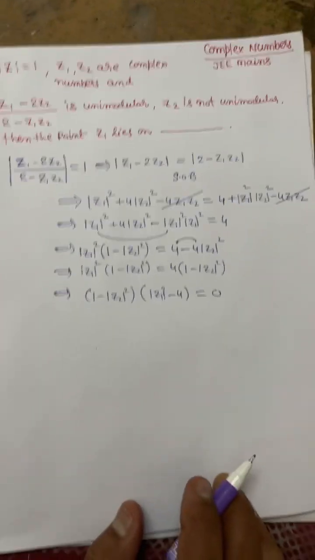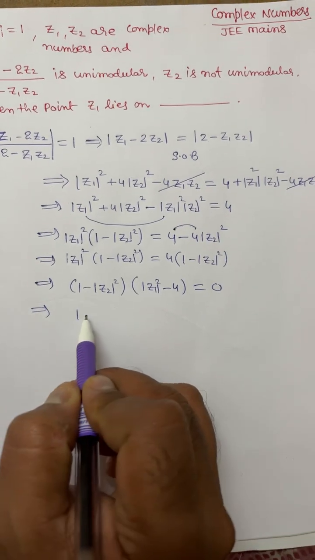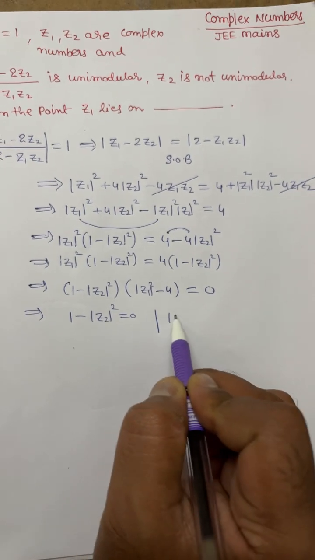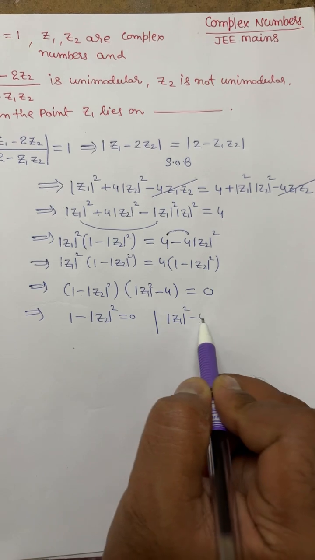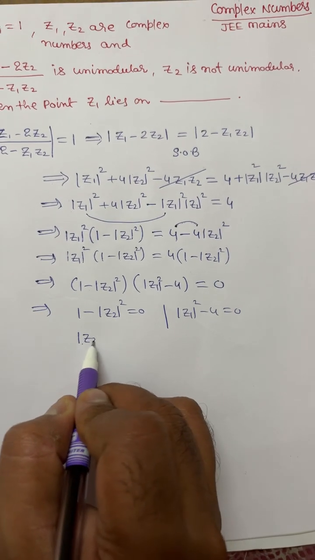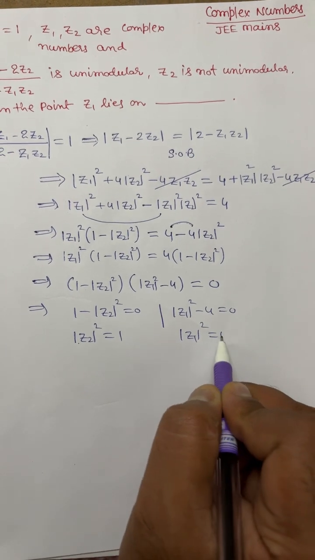So from this, what conclusion do we get? That implies 1 minus mod z2 square is equal to 0 or mod z1 square minus 4 equal to 0. So mod z2 square is equal to 1, or mod z1 square equal to 4.